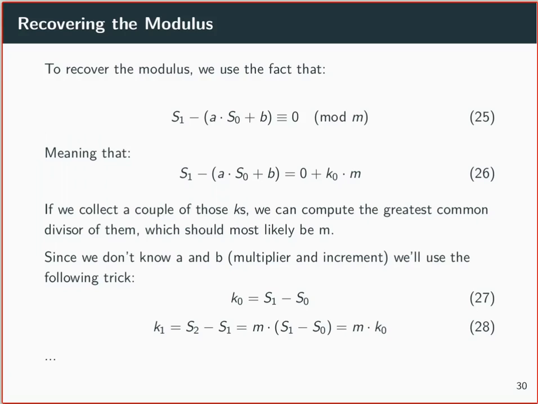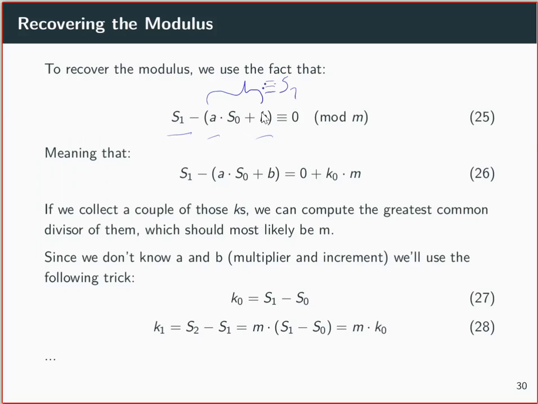So we want to find the modulus without having to find A and B. Key observation here is that if I subtract from an output the previous output multiplied by A and incremented by B, we'll get 0 obviously, because this is congruent to S1, right?